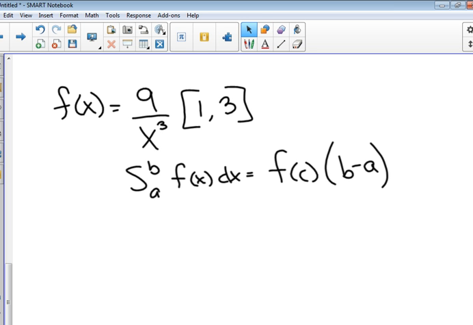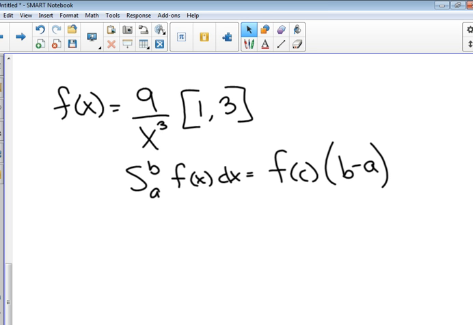Now it's just the root. Isn't it the root of 9 over x? Take things up, negative 3, and one is negative 2. First one was 12.